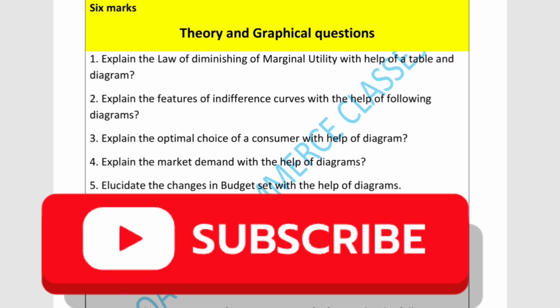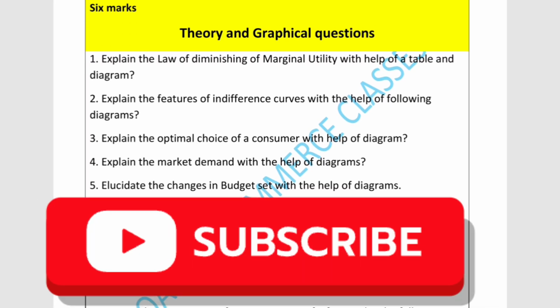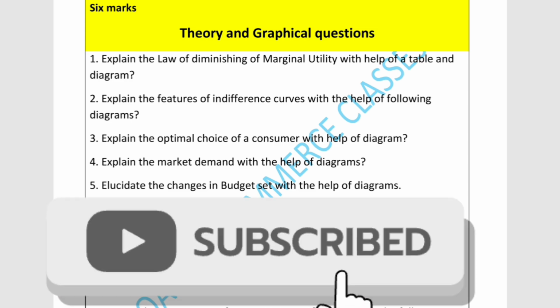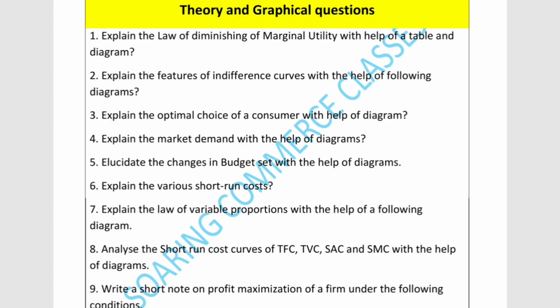The third question, explain the optimal choice of consumer with the help of diagram. Explain the market demand with the help of diagrams. Elucidate the changes in budget set with the help of diagrams. Okay. These 5 questions are very important from your examination point of view.